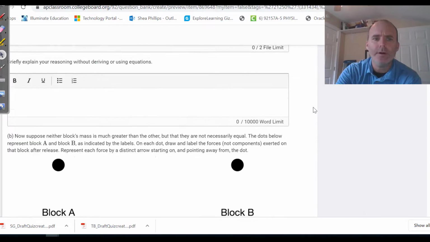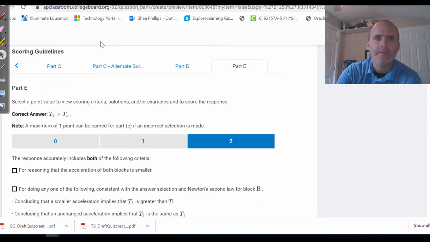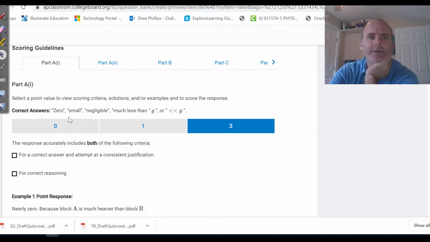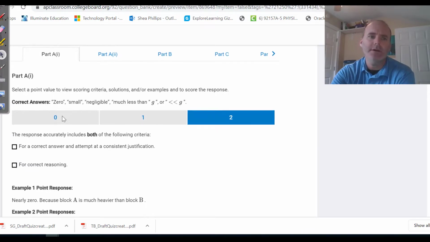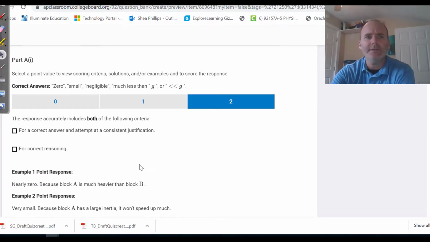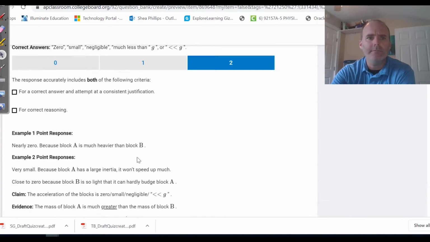For part A, we said that if the mass of A is a big block there, the magnitude of the acceleration will be close to 0. So this is 2 points for the correct answer. If you put that it would be close to 0, and that's because the mass of block A is so much bigger. All right, so that's for A.